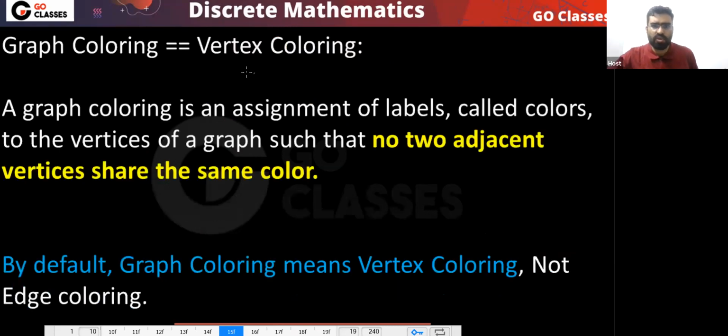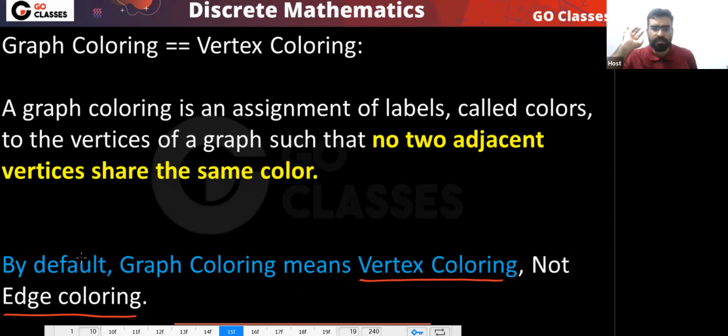So let's see the definition of vertex coloring. Let me tell you, there are two types of coloring. One is vertex coloring, another is edge coloring. First we will study vertex coloring.